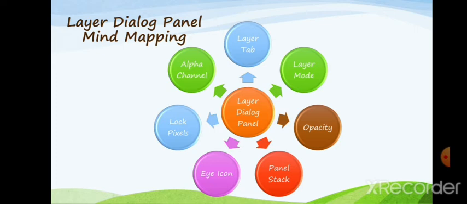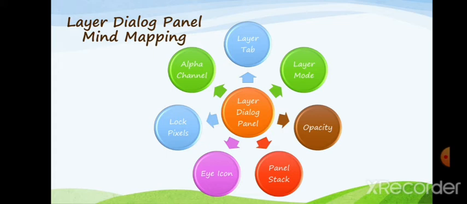Layer mode means many options to change the appearance of the selected layer. Opacity, I have told already, is the opposite of transparency. If it's 0, it is total transparency, and the higher the opacity, the less transparency. Yes, it increases the density, you can say that also.